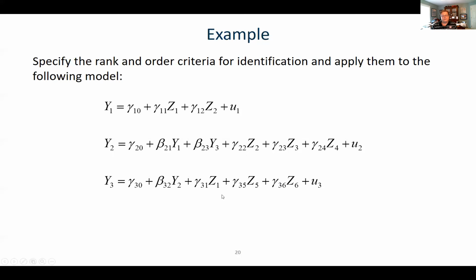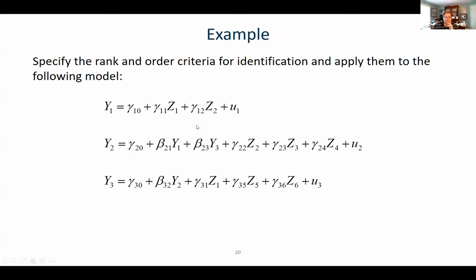So in addition to the intercepts of each equation, we have up to 6 predetermined variables in the system, z1 through z6. Now notice in each equation, we don't have to have, and in fact, none of these equations has all predetermined variables in each equation.